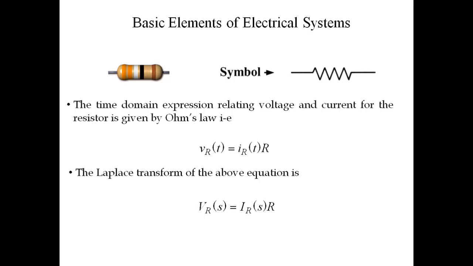The time domain expression relating voltage and current for a resistor is given by Ohm's law, that is V is equal to I into R. So voltage across the resistor VR of t is equal to IR of t into resistance R. If we take the Laplace transform of the given time domain equation, we get capital VR of S is equal to capital IR of S into capital R.